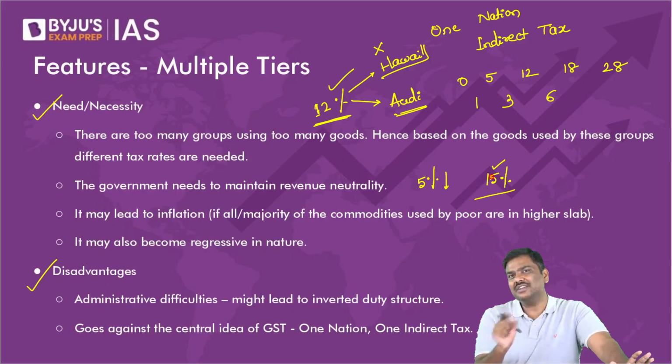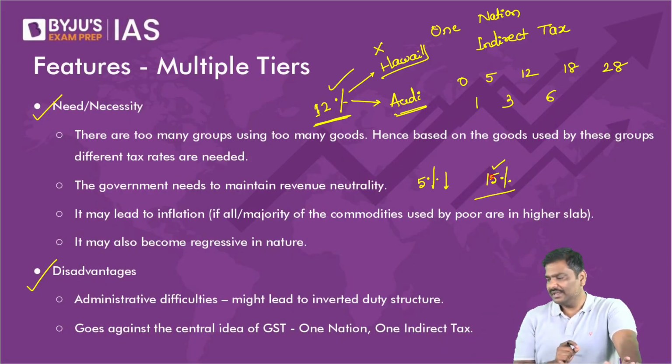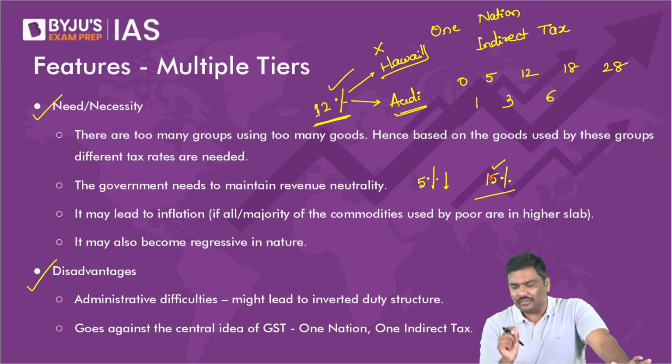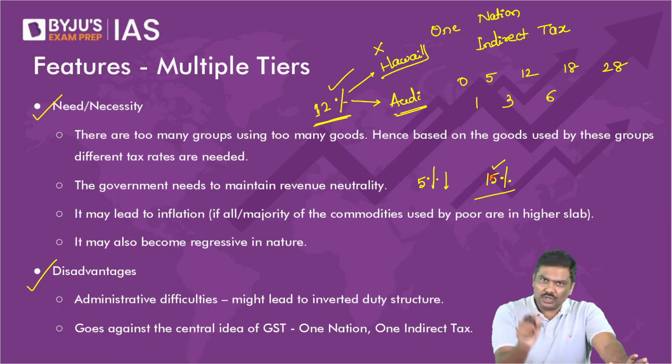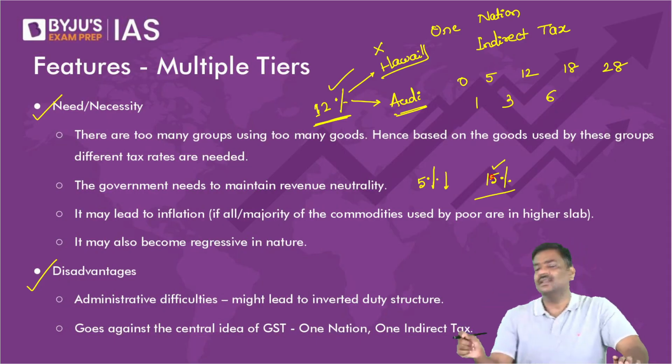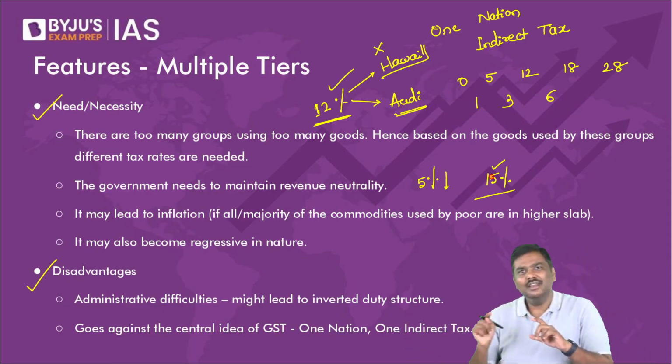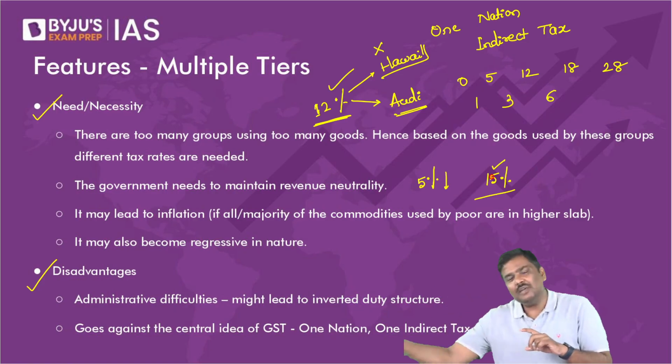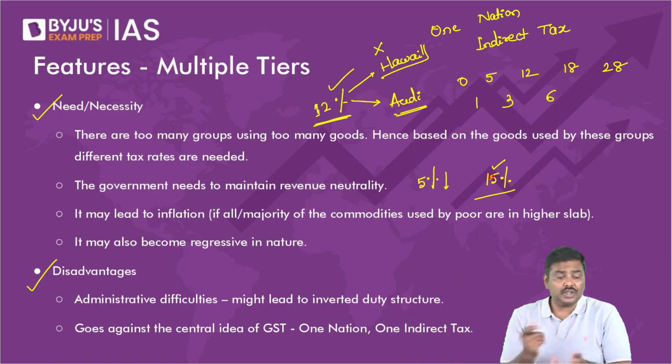What about inflation? Don't you think the inflation will also start taking place? What about the goods which are consumed by common man? Will they not become costly? Will they not become unaffordable for the common man? So that is also a concern.